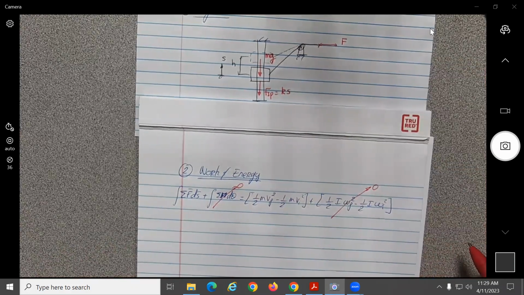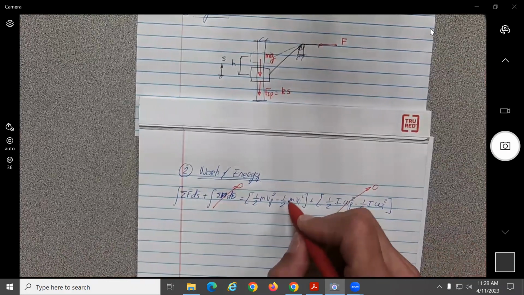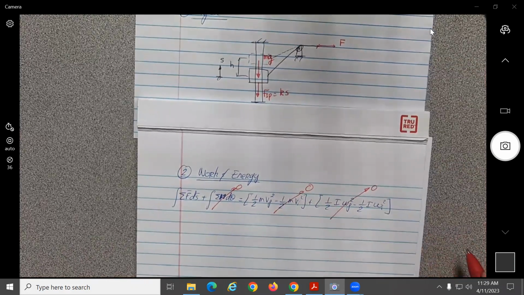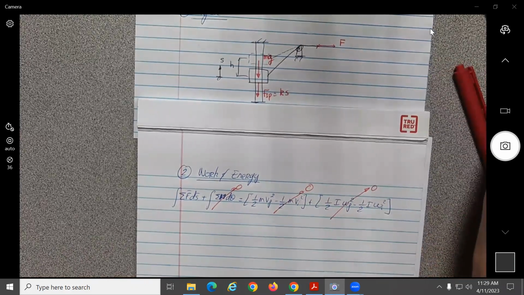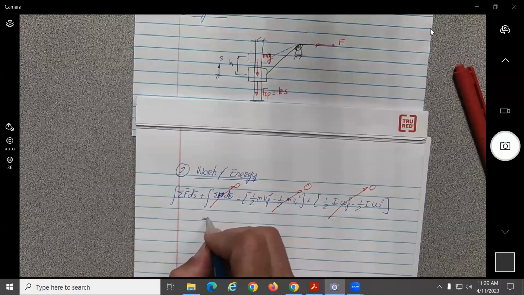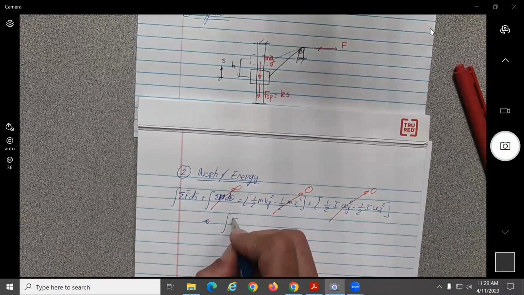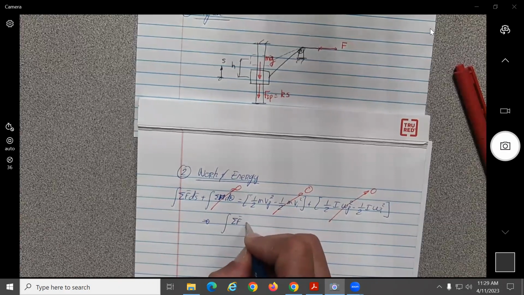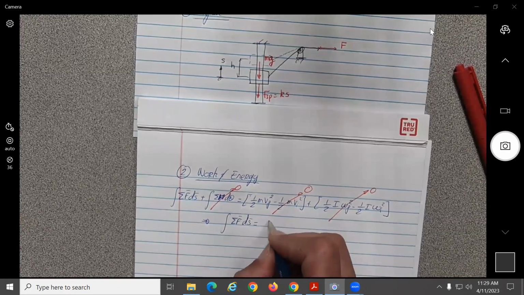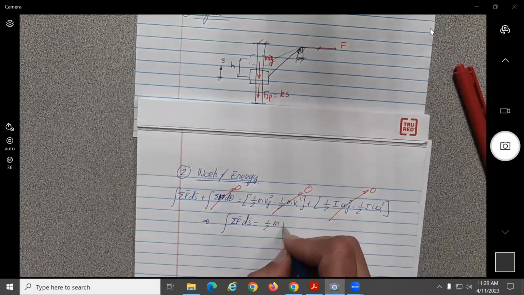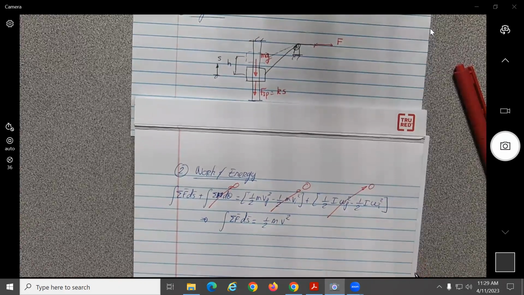So this is zero. The system is initially at rest, so this is zero. So basically here what you're going to have is the summation of the forces times ds equal to 1/2 m v squared, which is what you need to find, no?